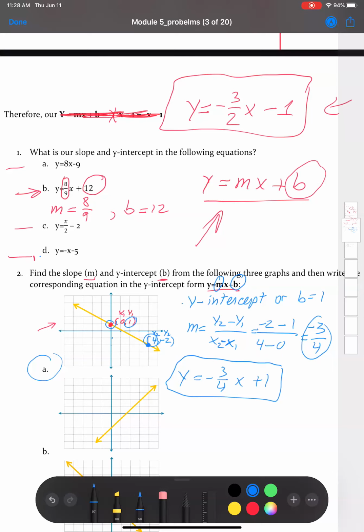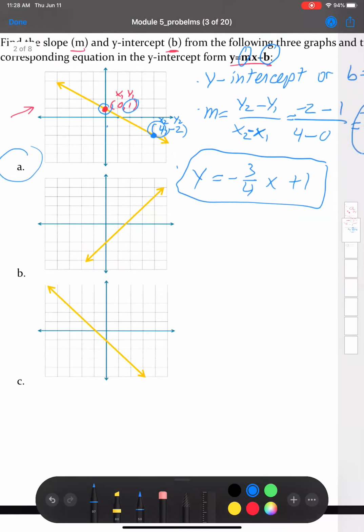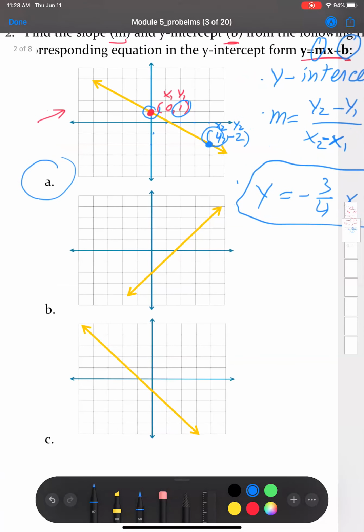So we had 1, 2, 3 steps essentially. Now you can do that for these other two graphs. I would pick this point right here because it will give you your y-intercept, and then I would pick maybe this one right here because it seems to be at a perfect point on the graph. This one right here is 1, 2, 3, 4, so 3.